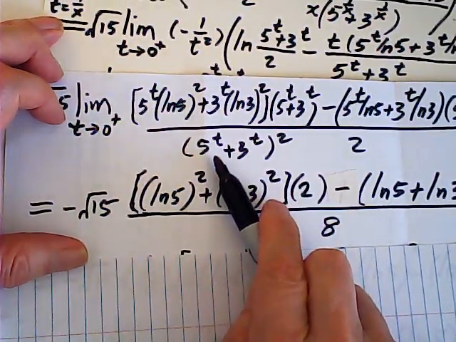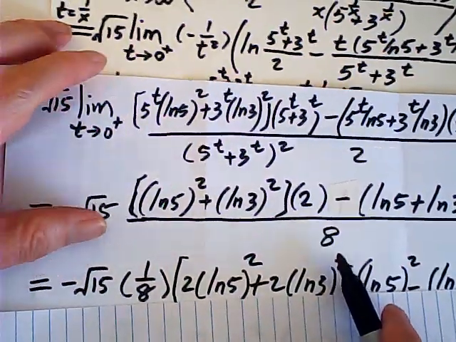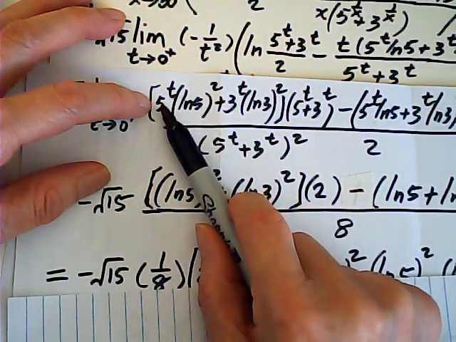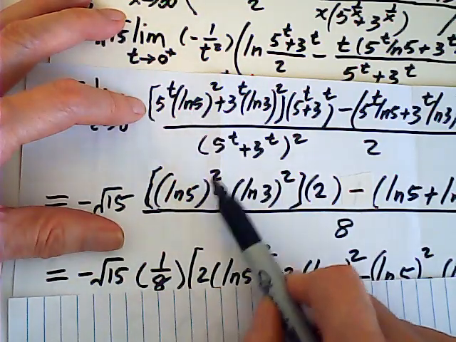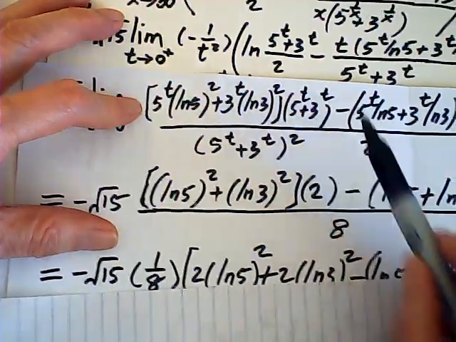This is 1 plus 1, 2 squared times 2 is 8. Then this is 0, right? This is a 1. This is log 5 squared plus log 3 squared times 2. This is 2.